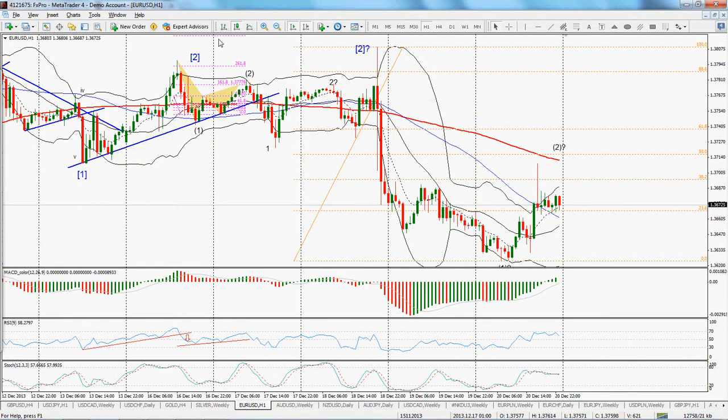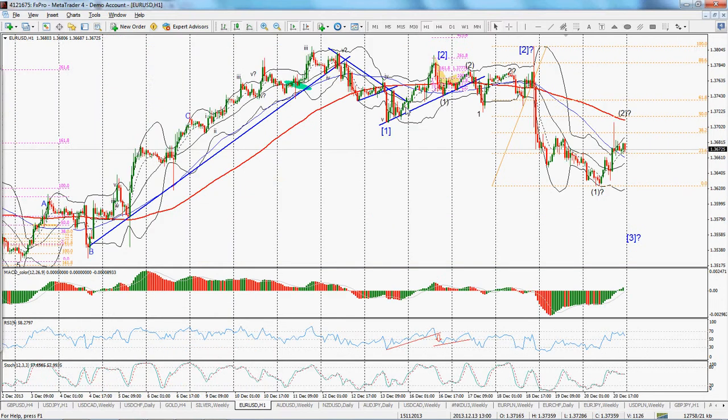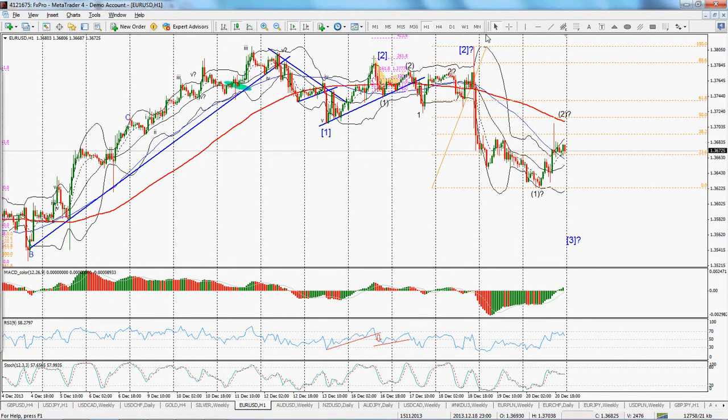Why is it like that? I got it here on the 1 hour chart. The second wave cannot move beyond the beginning of wave 1, so you cannot mark it like that. Most probably we have 1 here.